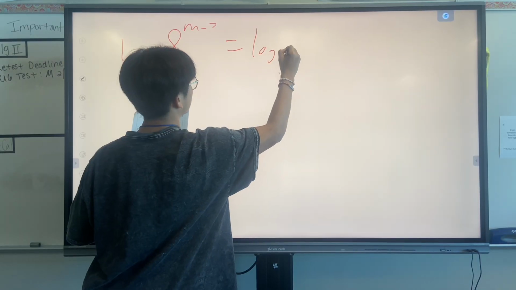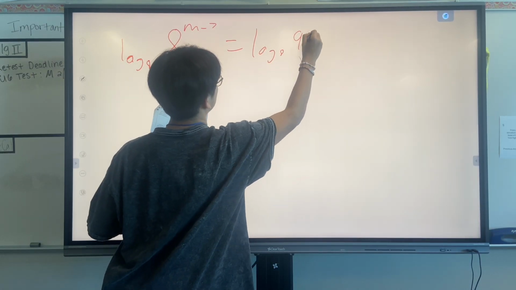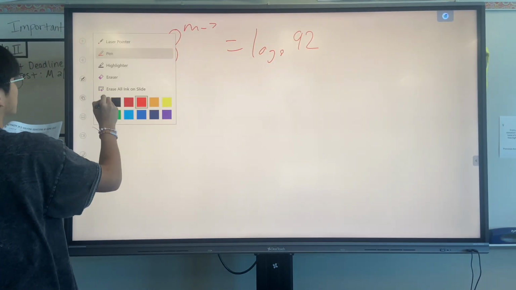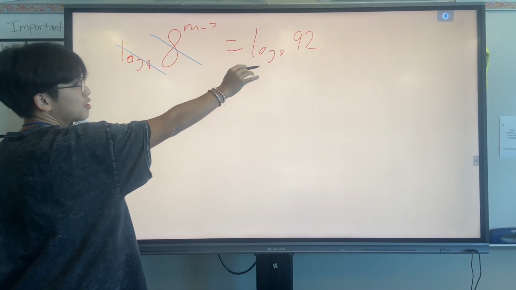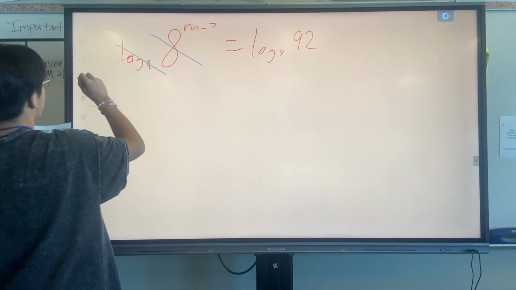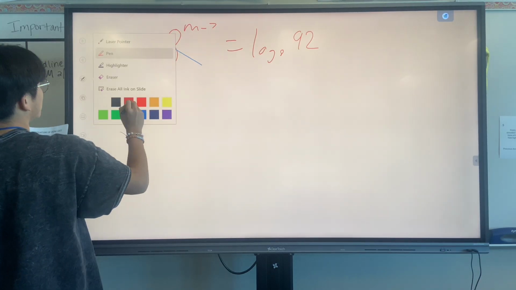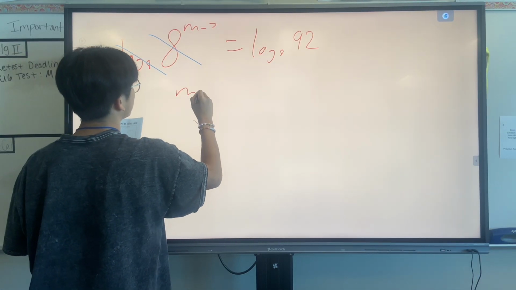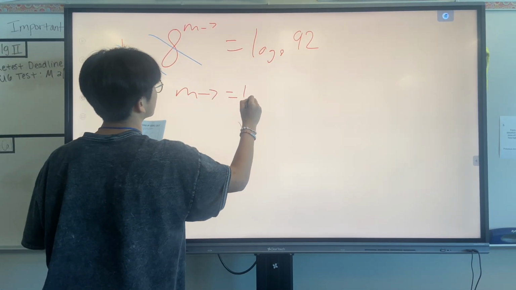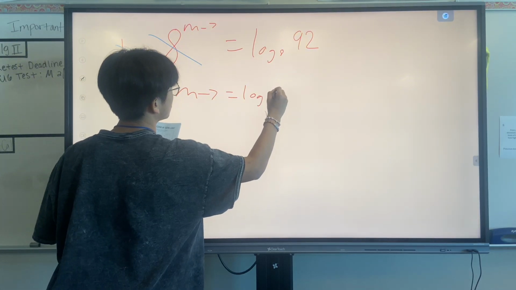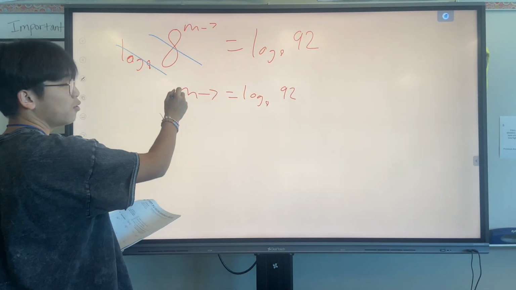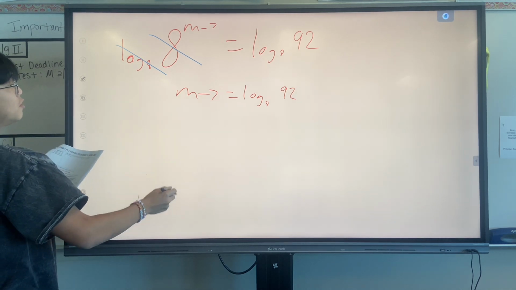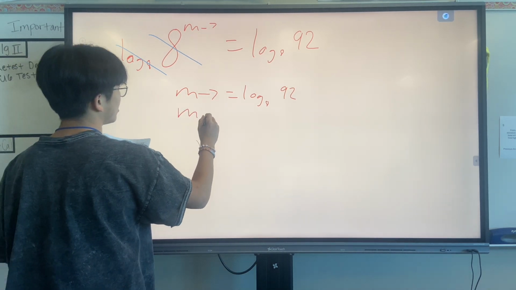This will cancel out, but this stays because they're not equal, and then you would get n minus 7 equals log base 8 of 92. Right? Now, you want to get the n by itself, so to do that, you would add 7 on both sides.